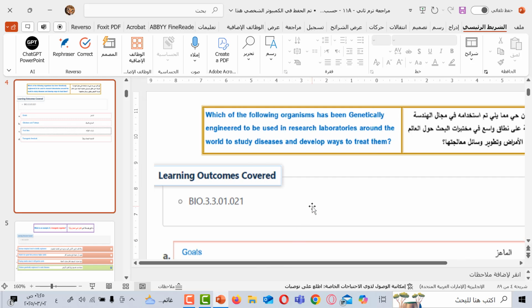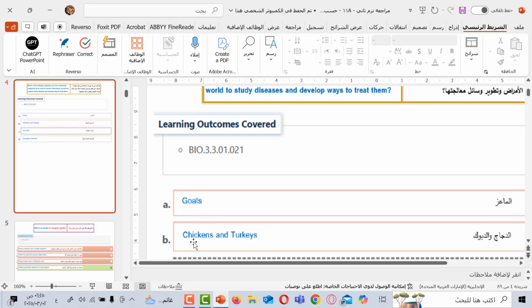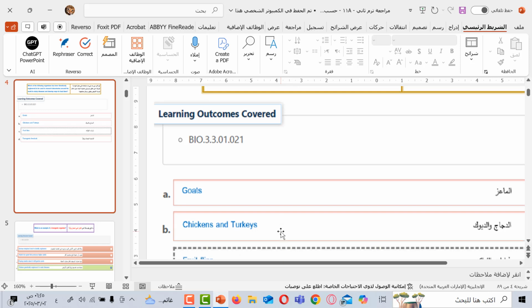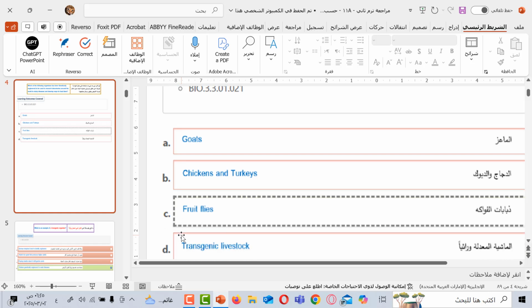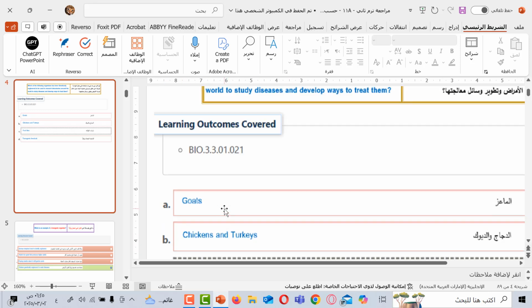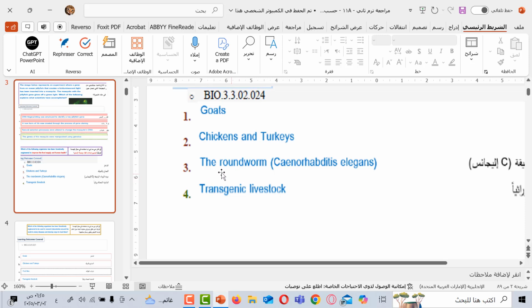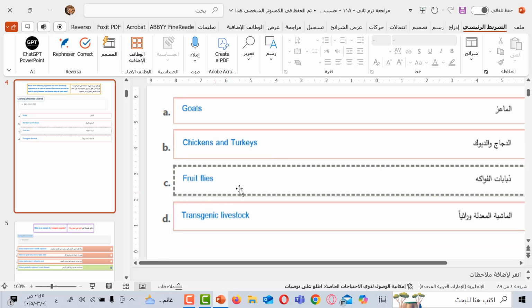Let us see which one. Goats? No. Chickens and turkeys? No. Fruit flies? Maybe, and maybe not. Transgenic livestock? No. So he changed the roundworm to this one, fruit flies, so we will choose this one.